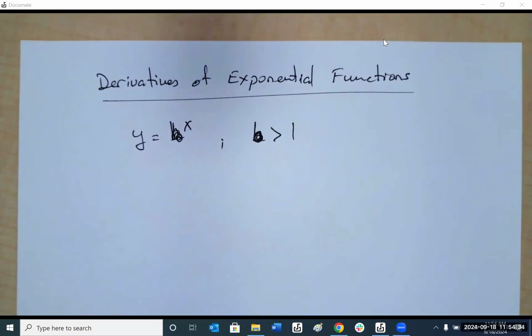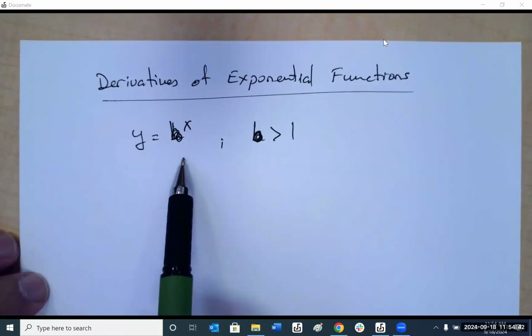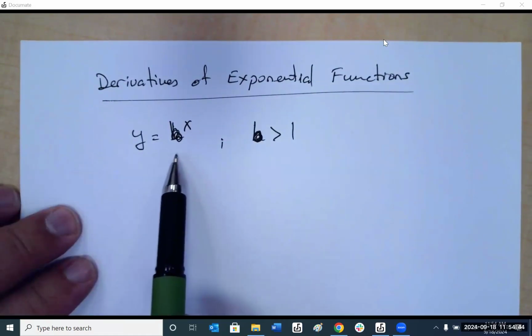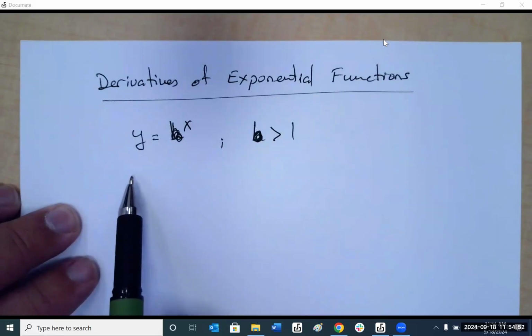Well, with anything in our arsenal, we could take the log. If we do that, we take the log of both sides, or ln of both sides. Ln y equals x ln b.